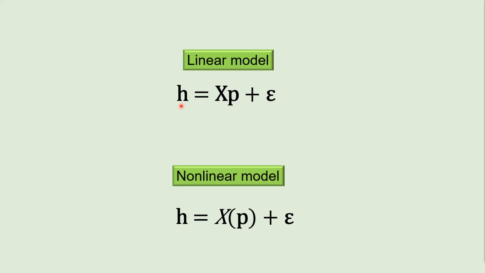Now I will use a slightly different equation where I've written x as an operator. So it's saying a very similar thing. What we observe in the field is the action of the model on the parameters plus measurement noise. But by writing it this way, I'm signifying that we are no longer looking at a matrix operation on the parameters.